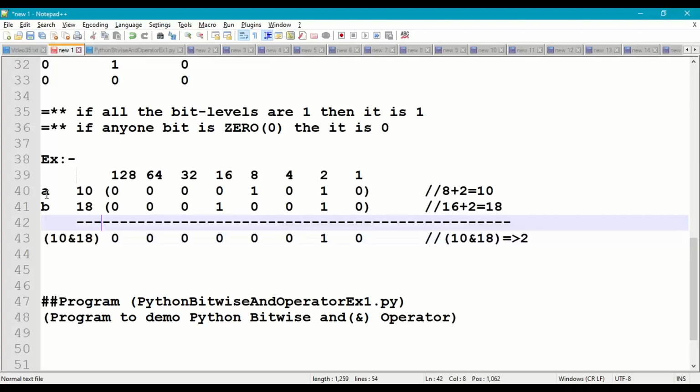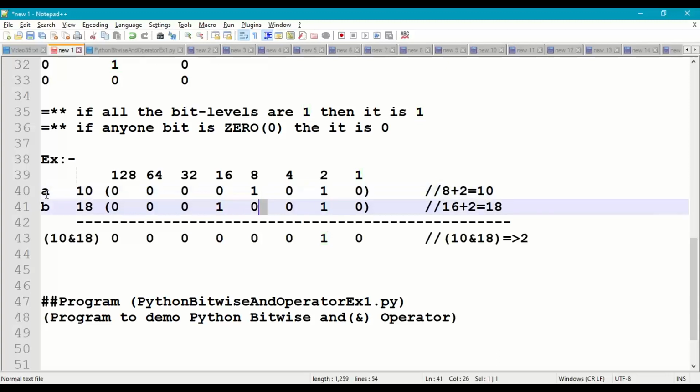So 10 and 18. If you see here, starting from 128, the bits go like this: 0 and 0, both are 0, so the answer is 0. Next bit, 0 and 0, the answer is 0. Next, 0 and 0, the answer is 0. Next, 0, 1: the first bit is 0, so the answer is 0.